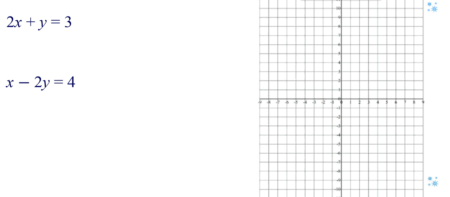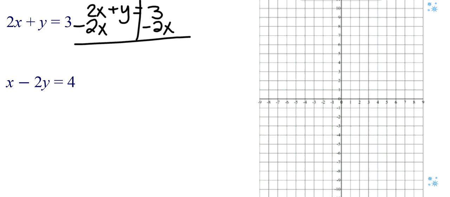Here we go. Alright, the first one I have 2x plus y equals 3. I need to solve that for y. To get that 2x on the other side, I'm just going to subtract 2x from both sides. Cancels out. y equals negative 2x plus 3. Then on the second one, again, I need to solve for y.